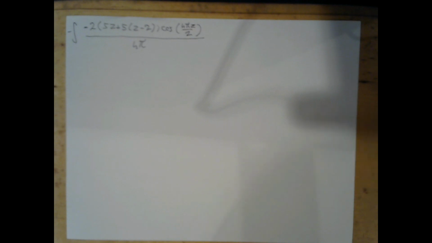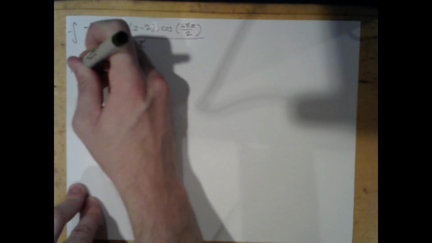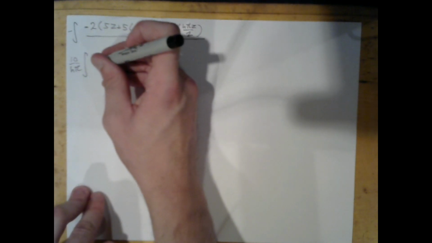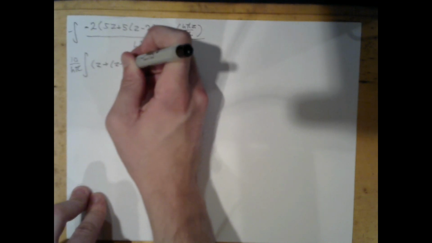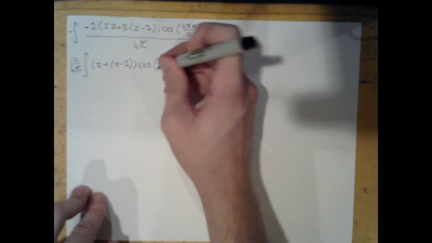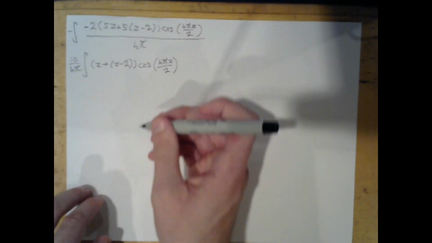Alright, so let's look at the biggest thing we can factor out right here. The biggest thing we can factor out is going to be negative 10 over h pi. So that's just going to become negative times the negative 10 over h pi times the integral here of z plus z minus 2, and all times cosine h pi z over 2.